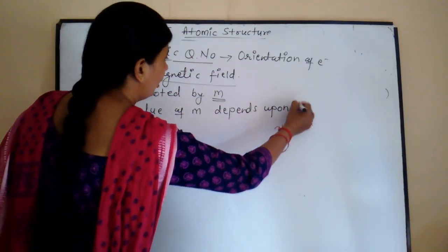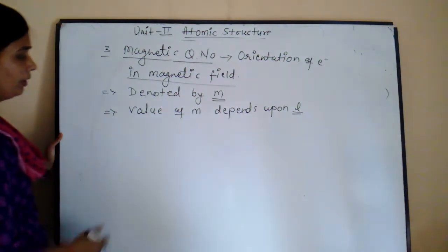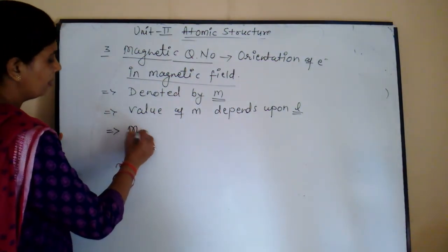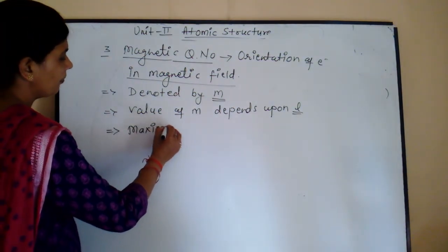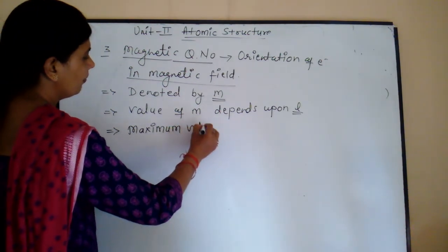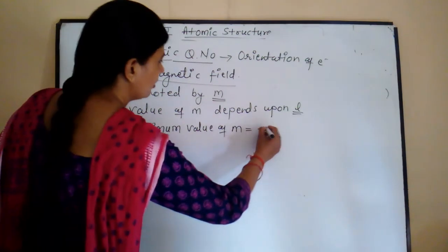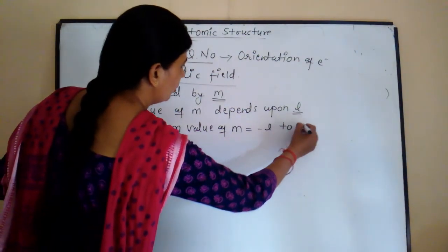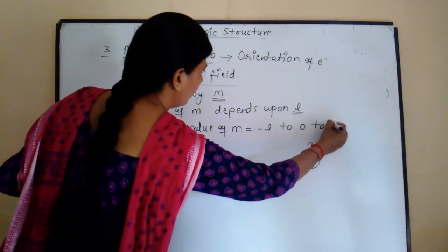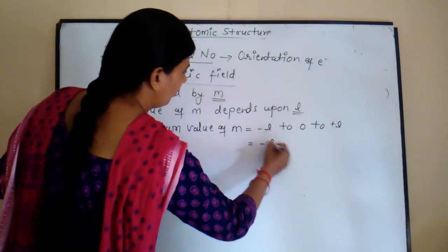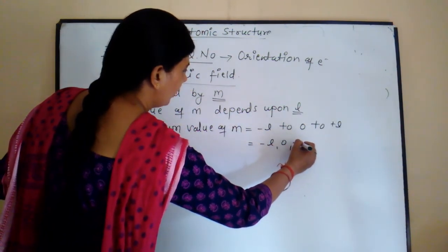The value of m depends upon the azimuthal quantum number, and the value of m varies from minus l to 0 to plus l. Indirectly, minus l, 0 and plus l.